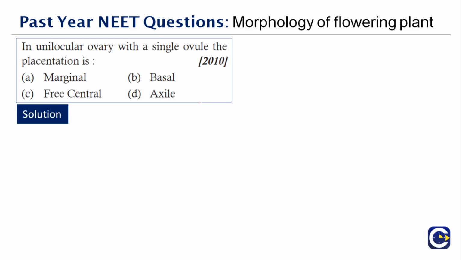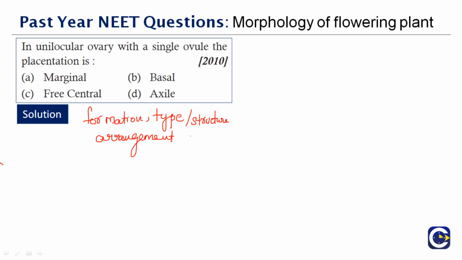So when we talk about placentation in plants, it actually refers to the formation, or you can say the type or the structure, or you can still use another word, which is arrangement, the right word.